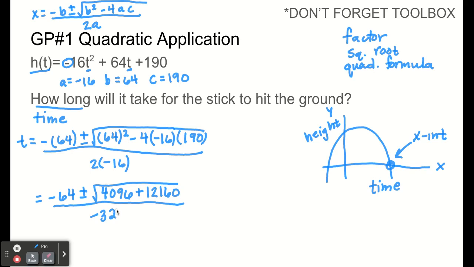From there, we can go ahead and simplify inside the radical. Now you're going to have to use a calculator here when we work this out. So this gives us 16,256.